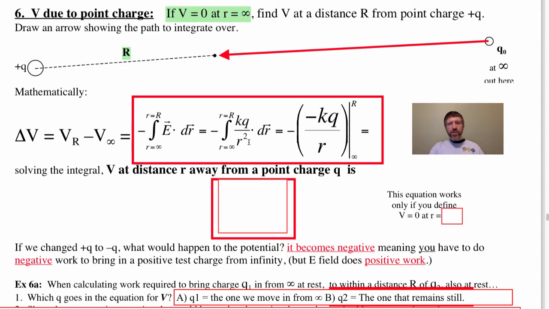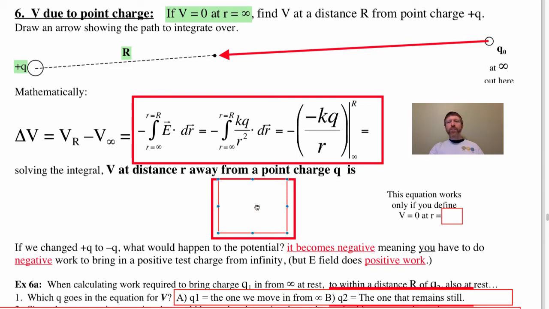And then when you do the integration, this is the field due to positive q, kq over r squared. When you integrate that with respect to r, dotted on dr, you get negative of negative kq over r. And again, we integrate it from r equals infinity to r equals r.